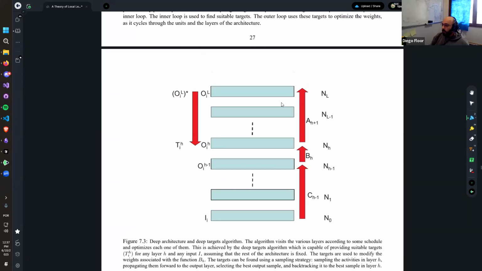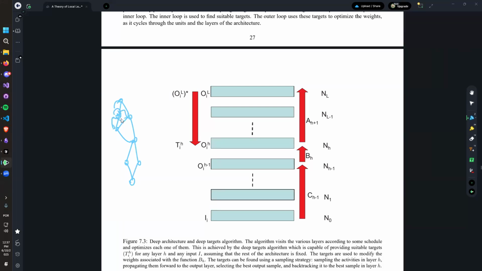I think what they mean is something like this. Imagine you have some nodes here, here, here, here. The idea is that this weight is only going to update itself based on these nodes here, and the other weights as well.